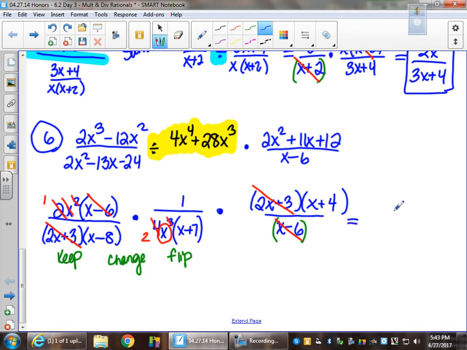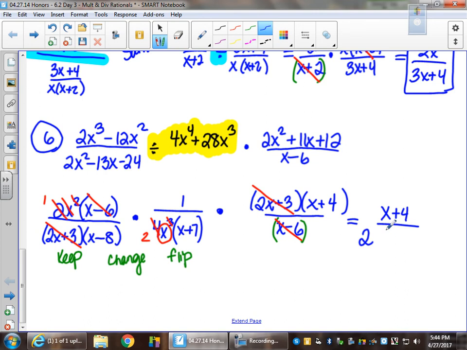Now that we've canceled everything we can, let's multiply straight across. Checking here, this is now just 1, 1. So x plus 4 is left behind, divided by 2 out front. And anything else?